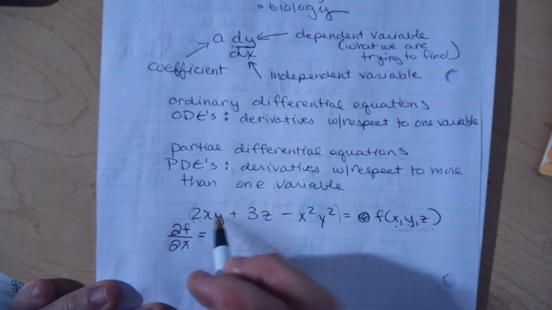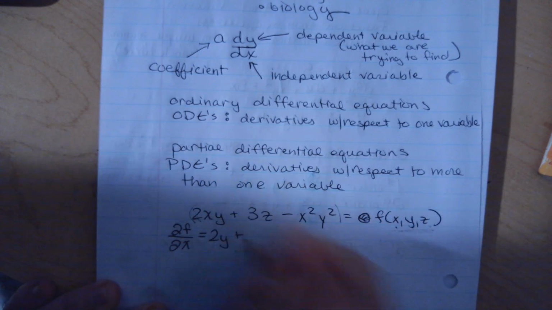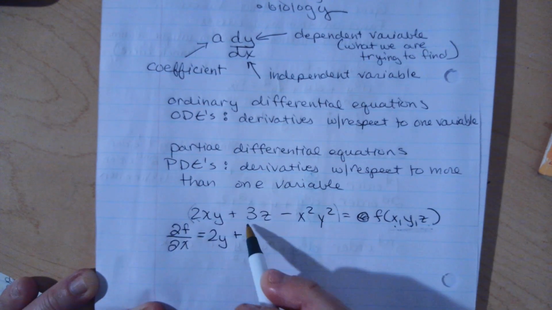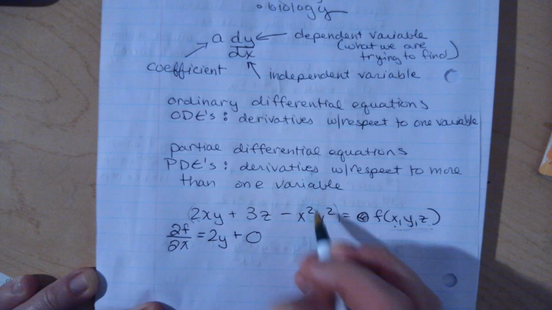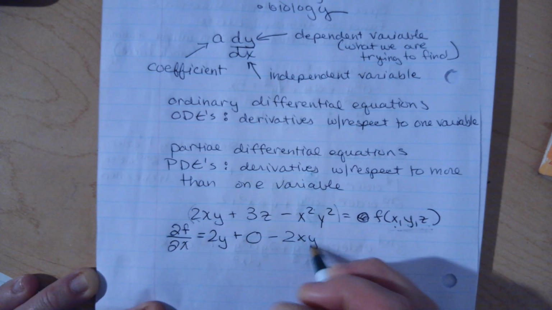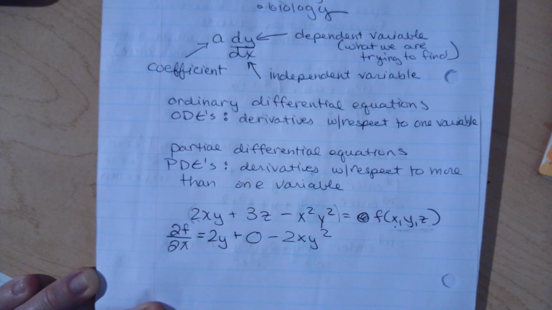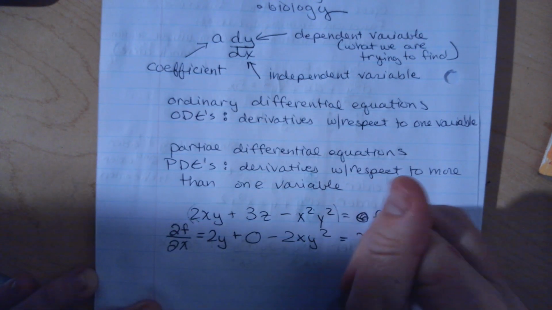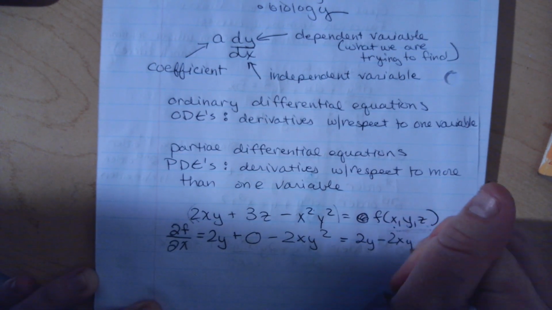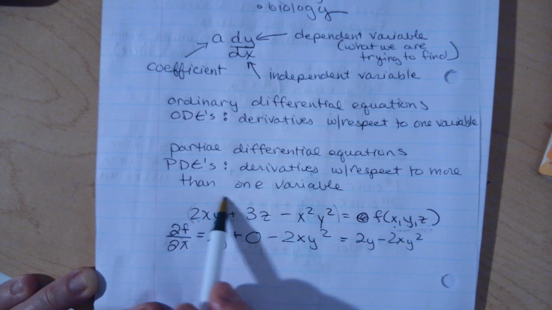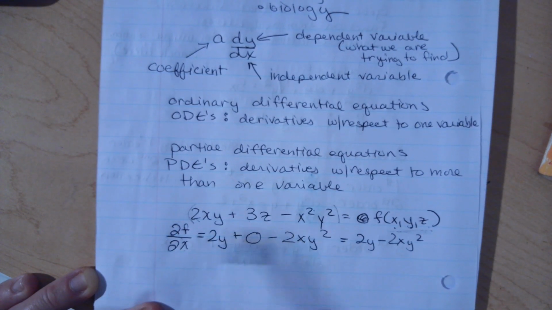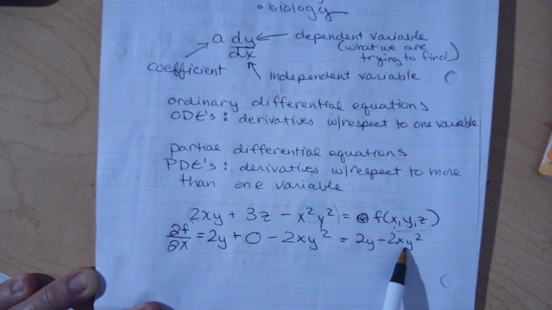So this would end up being 2y plus, this would be a constant, that would be 0, minus 2xy squared. So the partial derivative of this with respect to x is 2y minus 2xy squared.